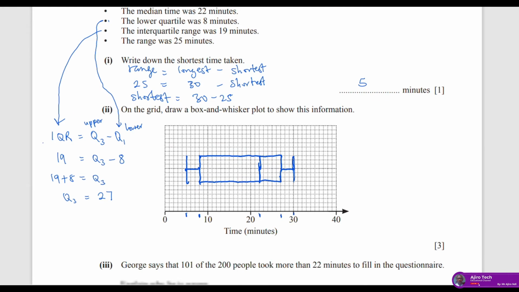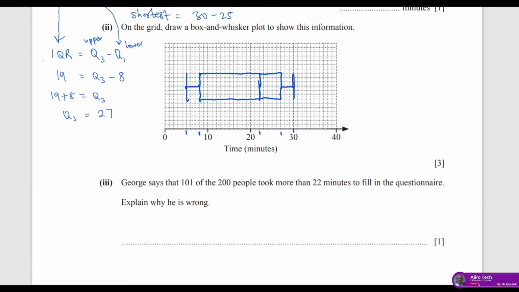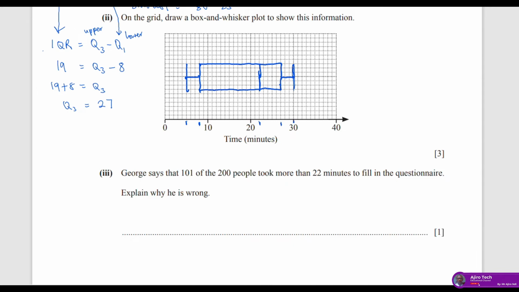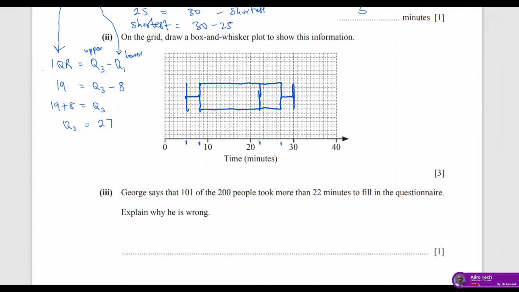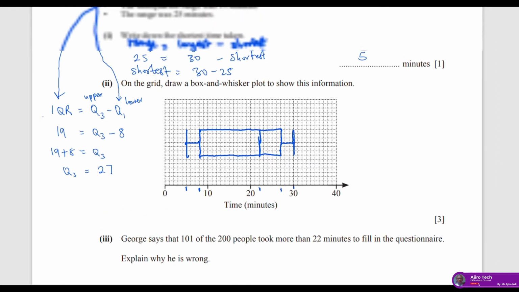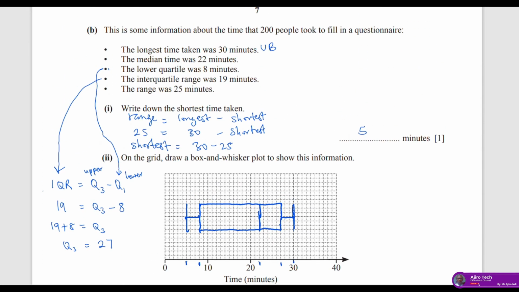So now the next part. A judge says that 101 of the 200 people took more than 22 minutes to fill the questionnaire. Explain why it's wrong. Now, we can say that 22 minutes is the median.